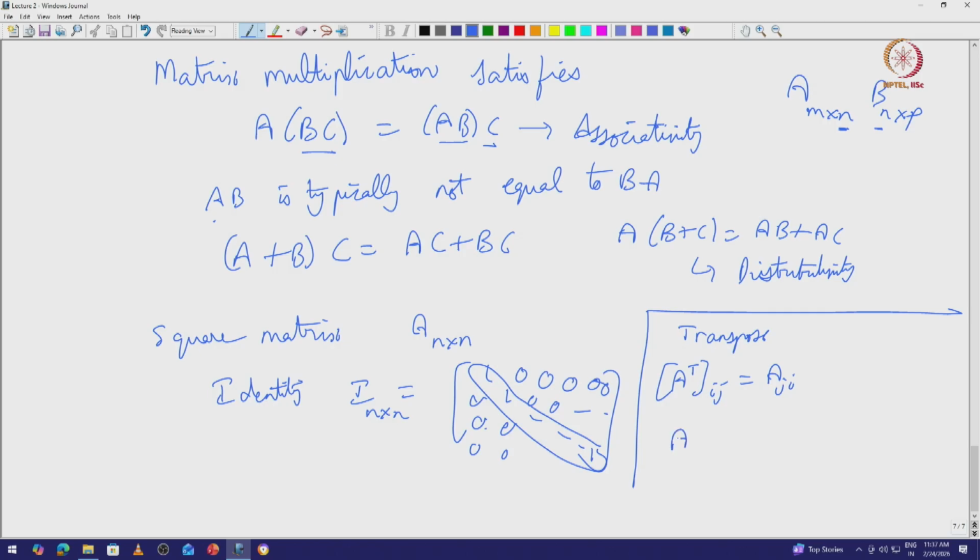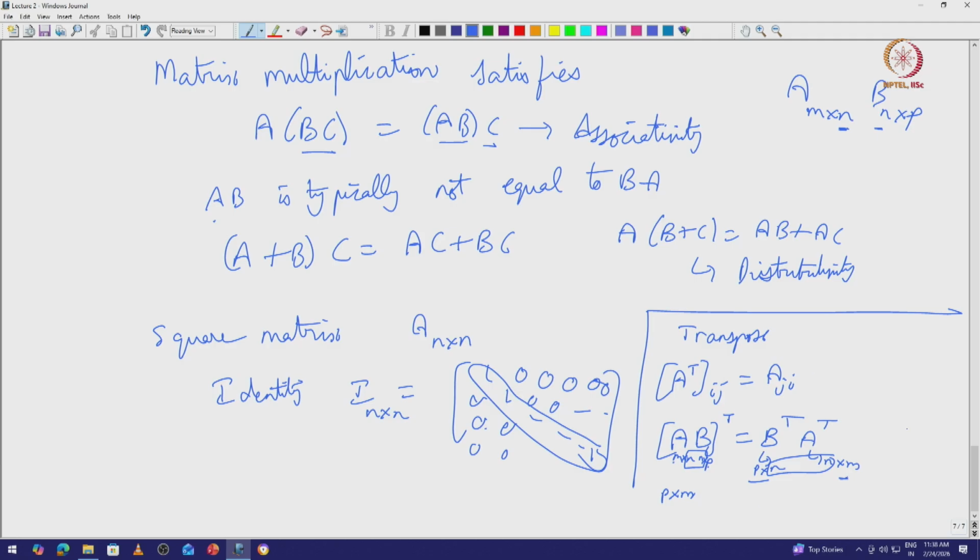Now, if you take A and B and you take the transpose of their product, that's the same as B transpose A transpose. As a sanity check, if this is m by n and this is n by p, we can multiply these two and get an m by p matrix, and the transpose will make it a p by m matrix. This will be p by n, this will be n by m, and so we get a p by m matrix. So the sanity check does work.